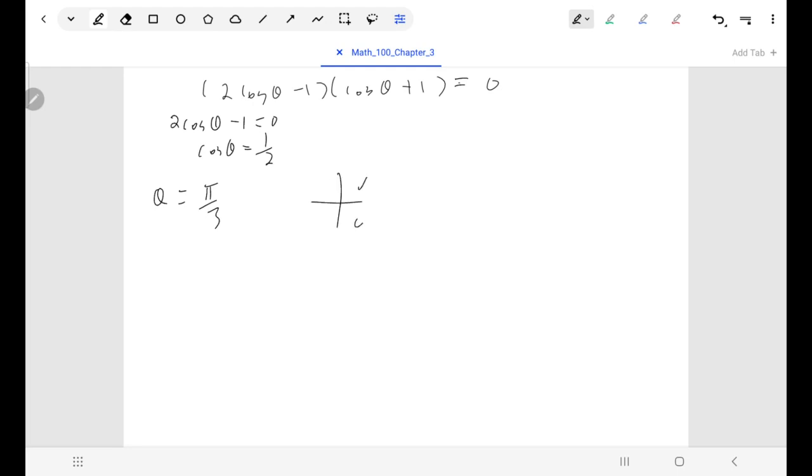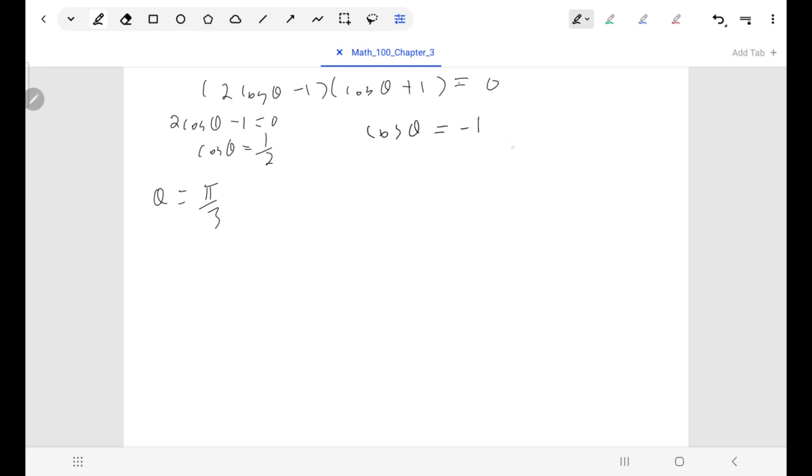Remember that there's 2 quadrants where cosine is positive, but we said our angle would be between 0 and 2 pi over 3, which is between quadrants 1 and 2. So although there is technically another angle where cosine is equal to a half, it's not going to be included as part of our discussion. As far as cosine being equal to -1, that's where cosine of theta plus 1 equals 0.